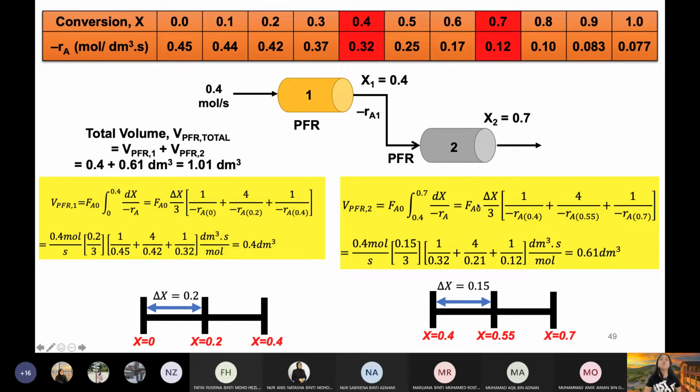Okay, let us now find first how to find delta X. So initial X1 0.4, final X2 0.7. Okay, so our middle conversion, titik tengah di antara 0.4 and 0.7, kalau kamu kira the middle X is 0.55. So middle X ni yang kadang-kadang student akan jadi confused nak kira.